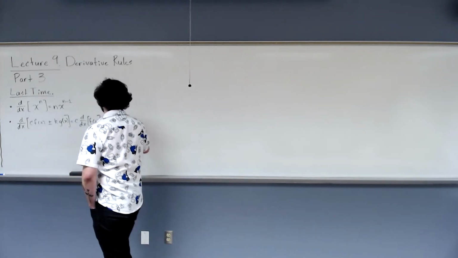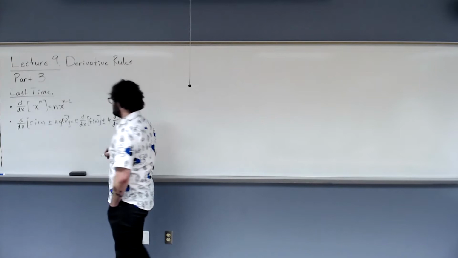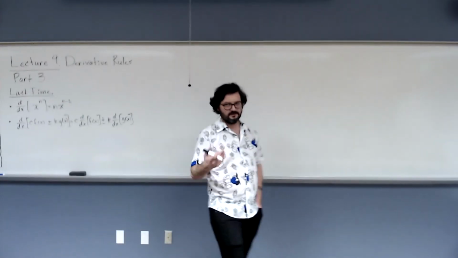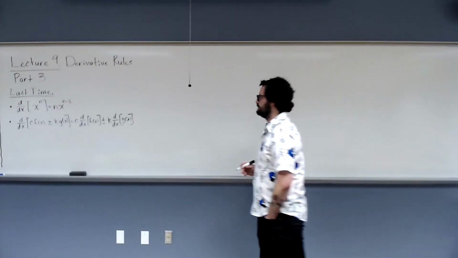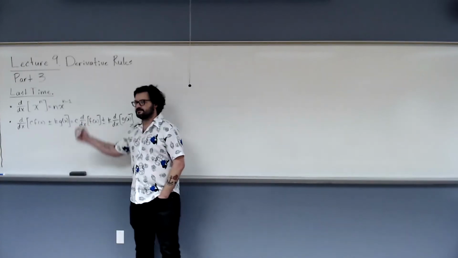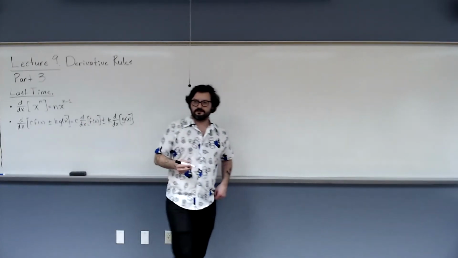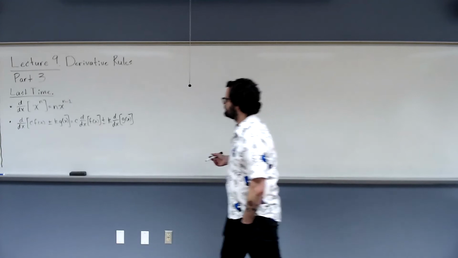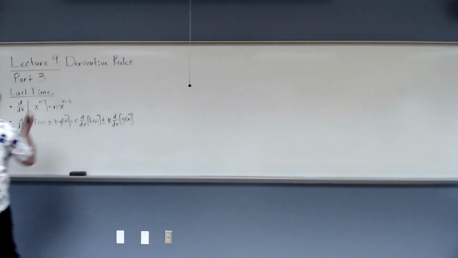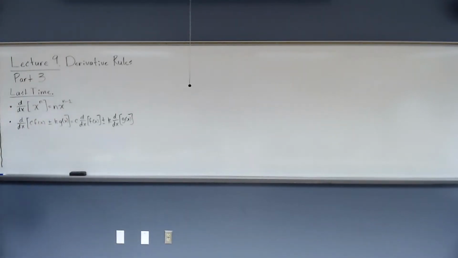That's another important rule. We can distribute this derivative operator, and then we can take constants out. So c and k here are just any constants.